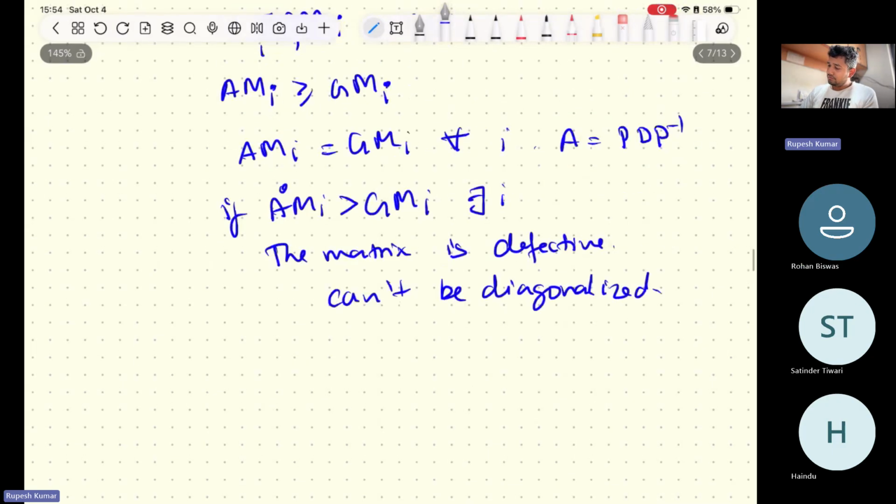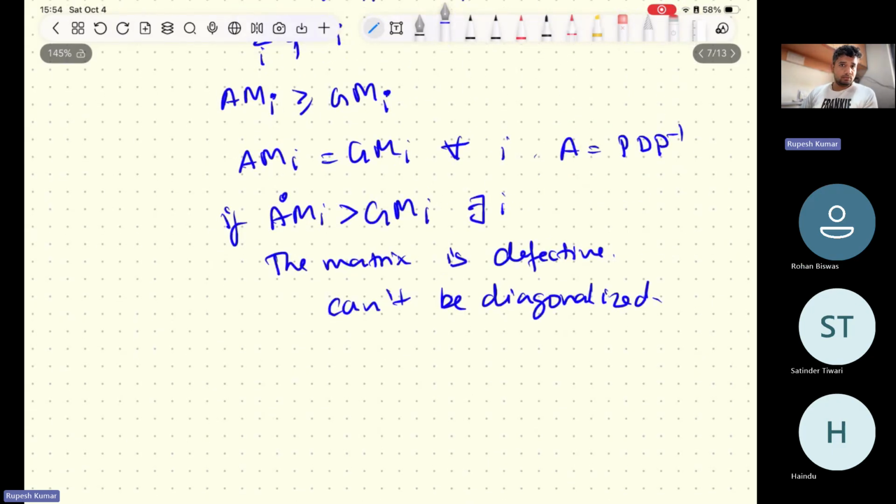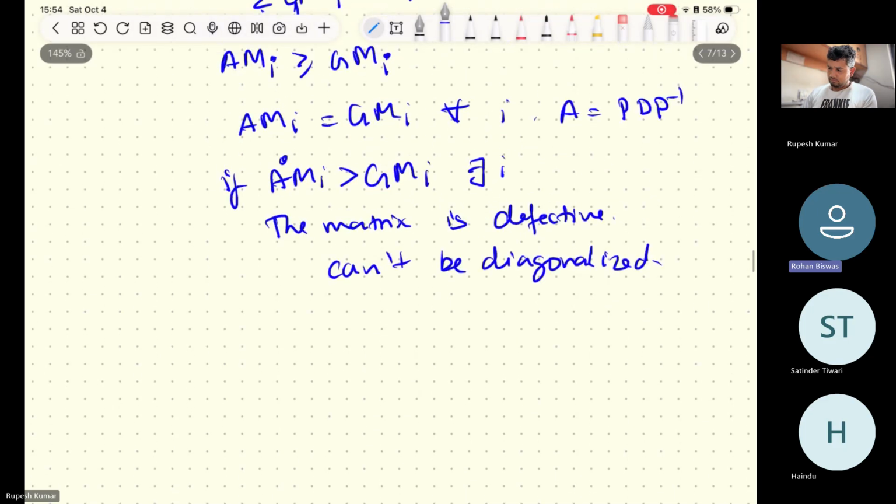No, it does not give you any information, it gives you an upper bound only. No, actually, that's what I'm trying to say. If I don't know that AM is the upper bound, can we infer anything from the characteristic equation about the geometric multiplicity, given that we don't know AM is greater than or equal to GM?